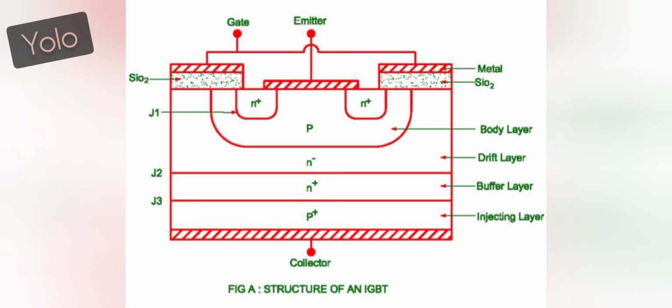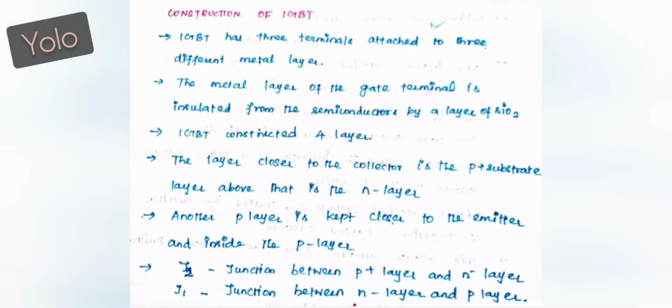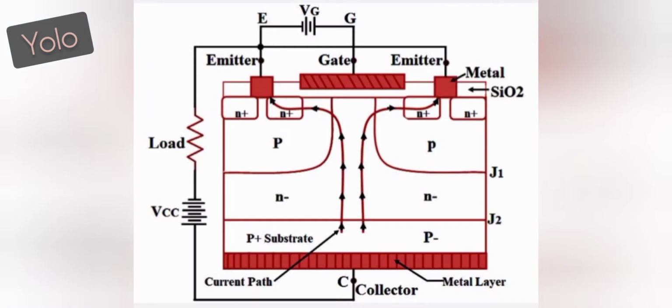Construction of IGBT. IGBT has 3 terminals attached to 3 different metal layers. The metal layer of the gate terminal is insulated from the semiconductor by a layer of SiO2. IGBT is constructed with 4 layers. The layer closer to the collector is a P+ substrate layer, above that is the N- layer.